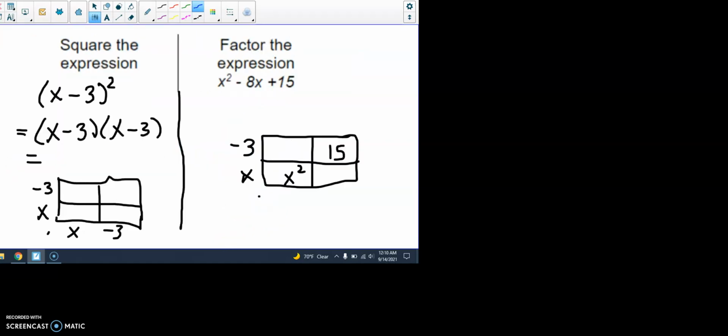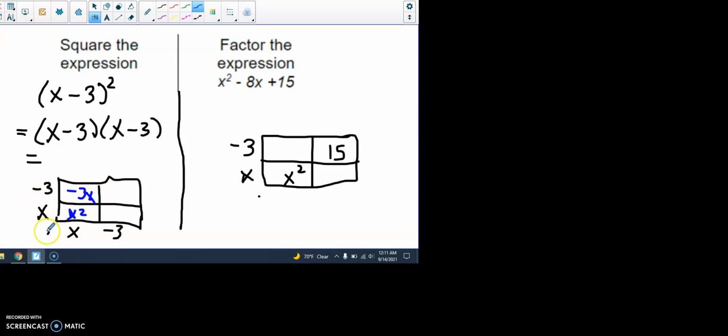On the bottom problems, I got those started. They're asking you to square the x minus 3 factor. So it'll be x minus 3 times x minus 3. If I use a generic rectangle, x times x would give me x squared. And then -3 times x would be -3x.